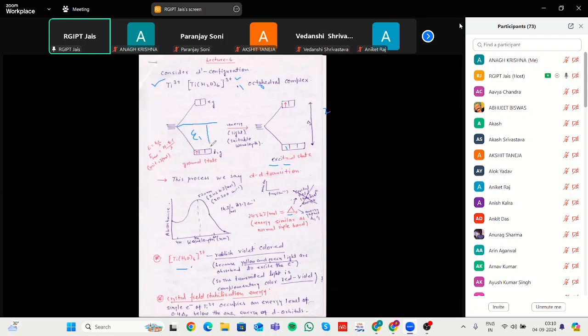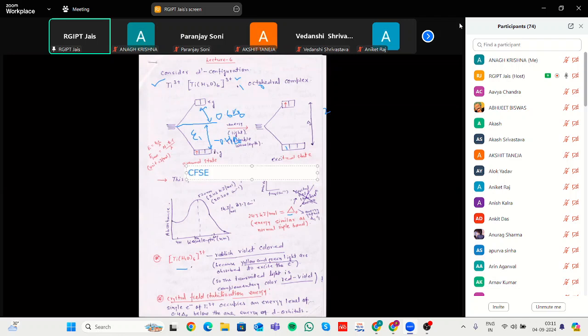Here is minus 0.4 del O, and this is 0.6 del O. If one electron is there, the total CFSE formula we can write.